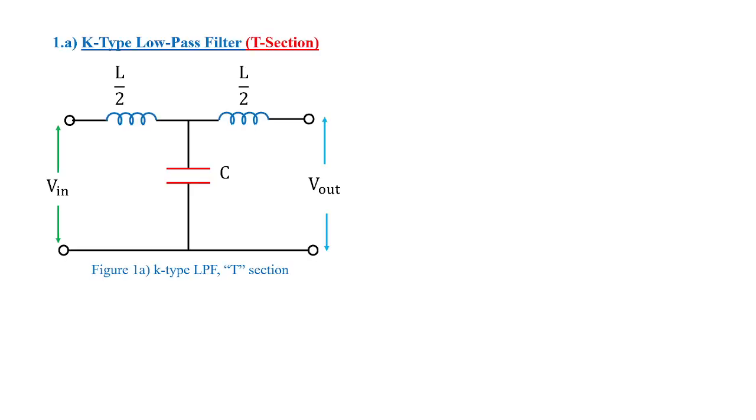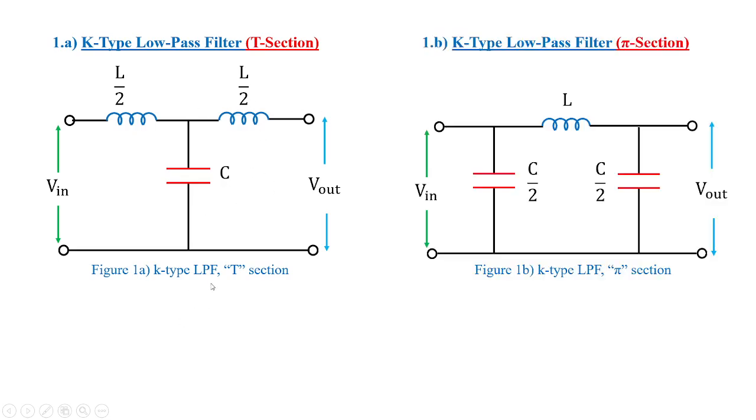We'll start with the basics we learned in our last class. For a K-type low-pass filter, in the T section you can see L by 2 is the arm shared with C, whereas in the pi section you can see C by 2 is shared in series with L. This is the design of the low-pass filter of K-type.